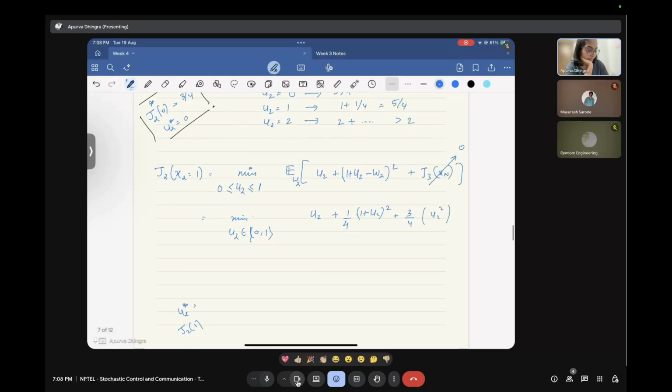So when you do that, what will you get? At 0 it is minimum. Again, correct. At 0 it is minimum, and what is the minimum value? J2 of 1 is 1/4. Good.